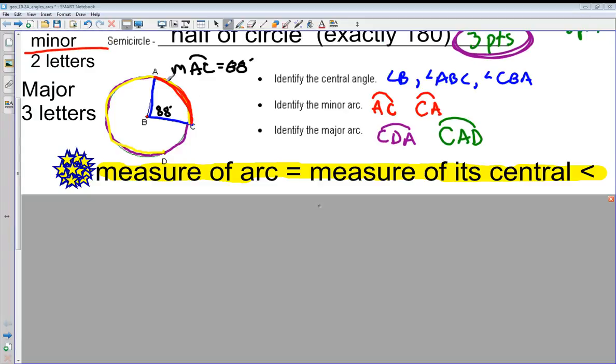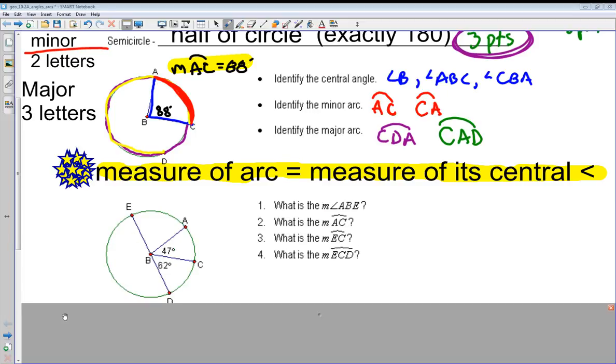We talked about this arc AC. That's a minor arc. We name it with 2 points. So if I know that angle ABC has a measure of 88 degrees, that means that arc AC will have a measure of 88 degrees. So the arc is always equal to the angle that creates it.